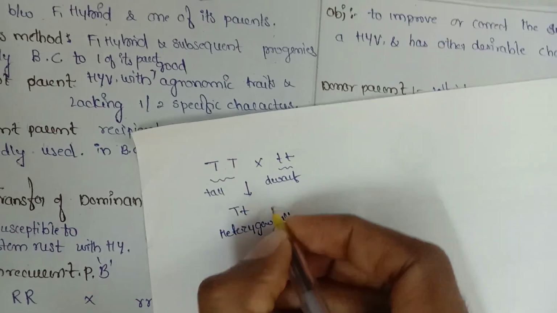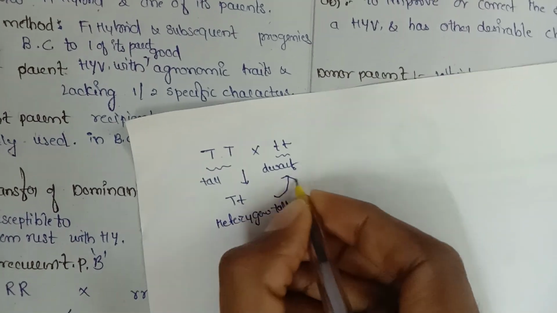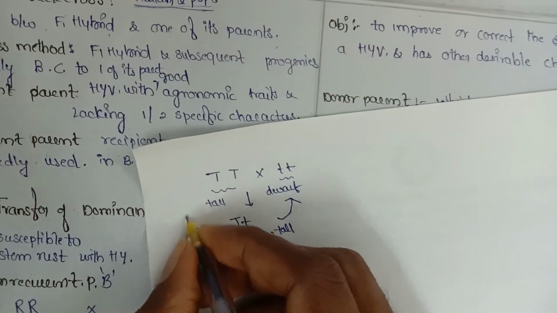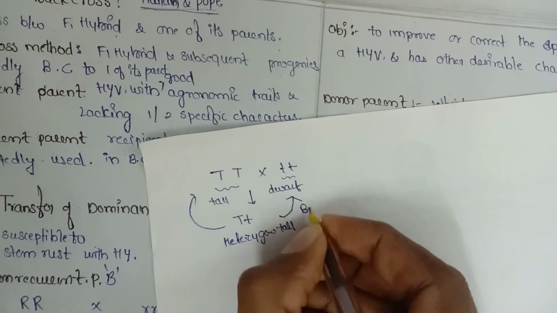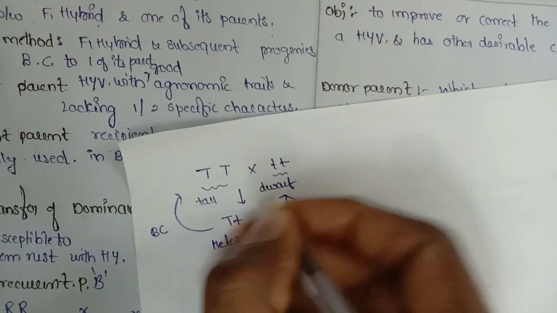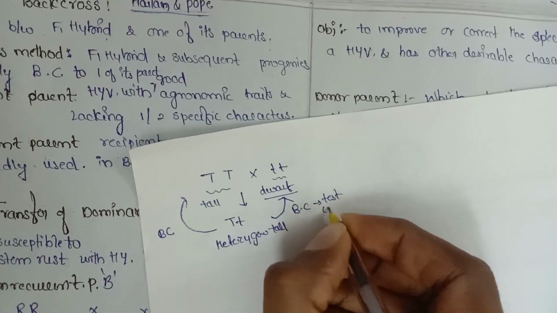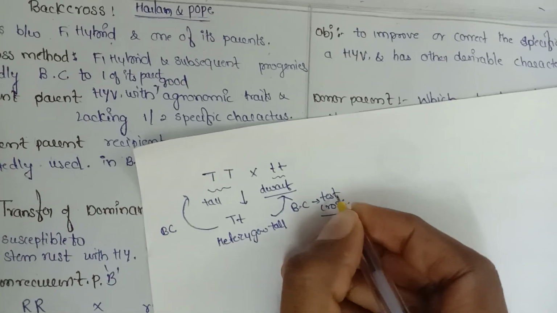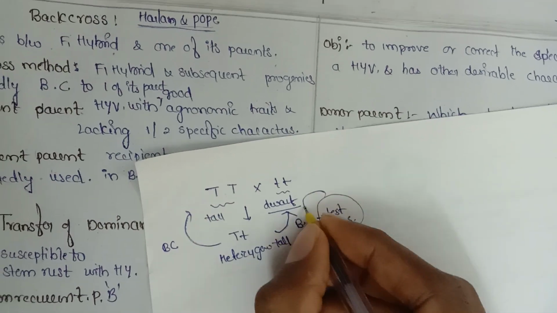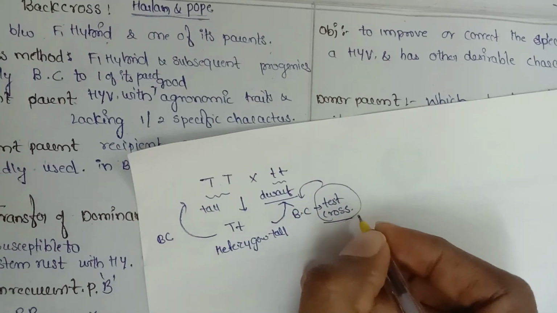When this F1 hybrid crosses with the recessive parent or the dominant parent, it is called a backcross. The backcross with the recessive parent is also called the test cross. So all test crosses are backcrosses, but all backcrosses are not test crosses.